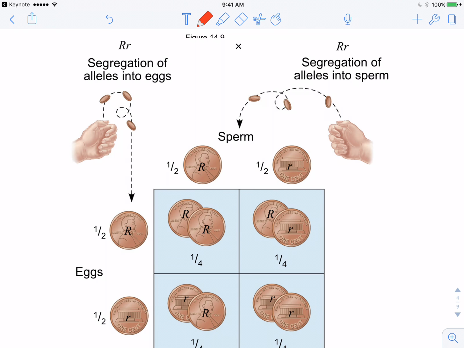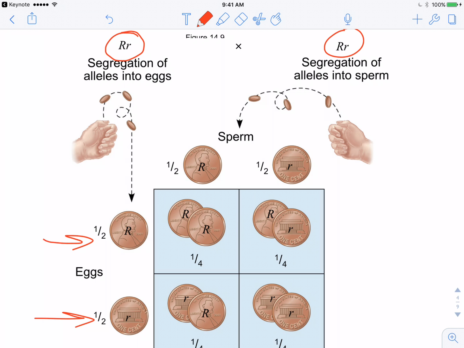So if this is the genotype of the parent, the odds are 1/2 that you'll get the dominant allele, or let's say heads, and 1/2 that you'll get the recessive allele, or tails.